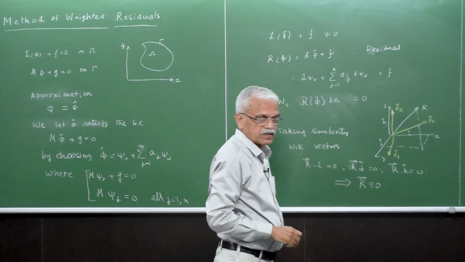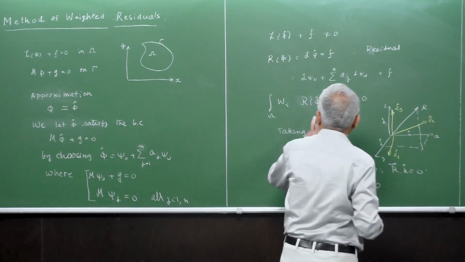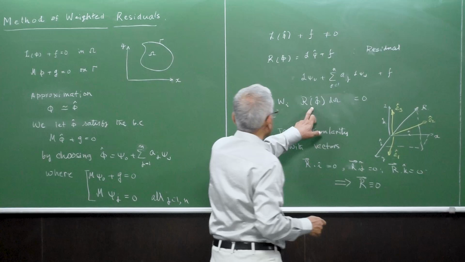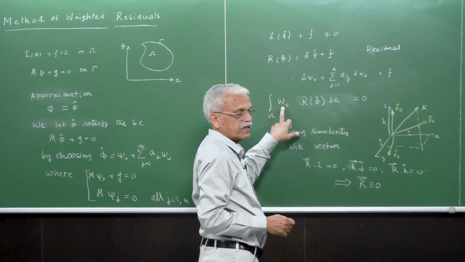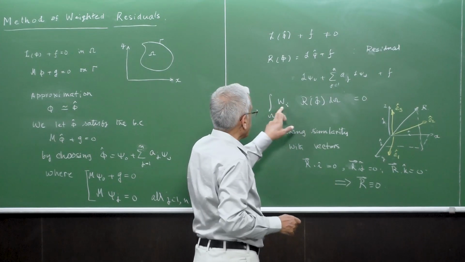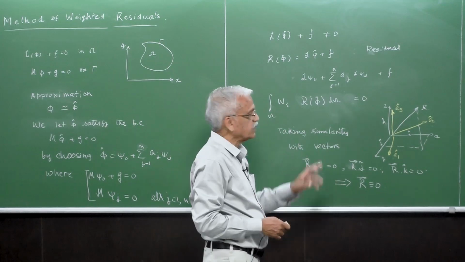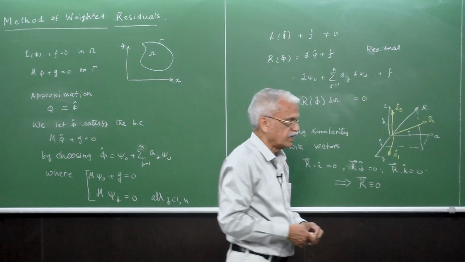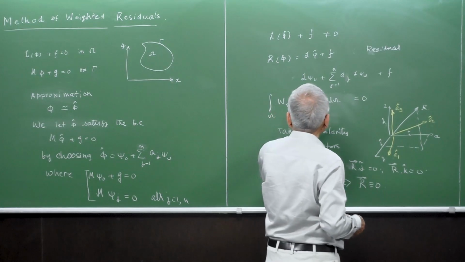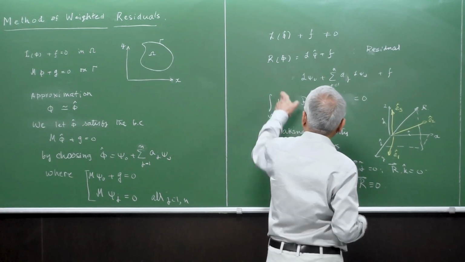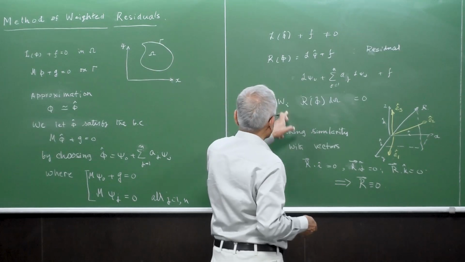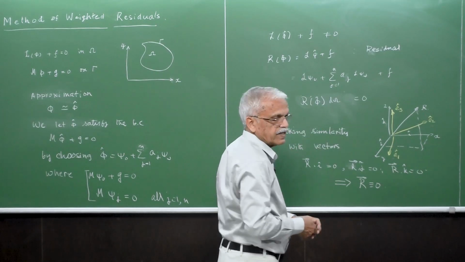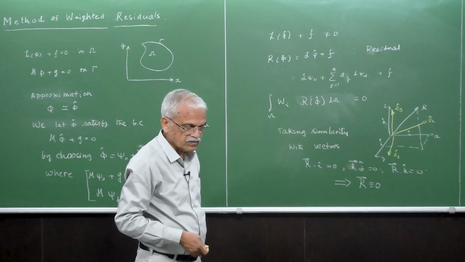So that means its component along Wi is 0, and you can also extend it to i from 1 to n, or n being infinity. So if the projection on all these basic unit functions is 0, then we can say R is 0.